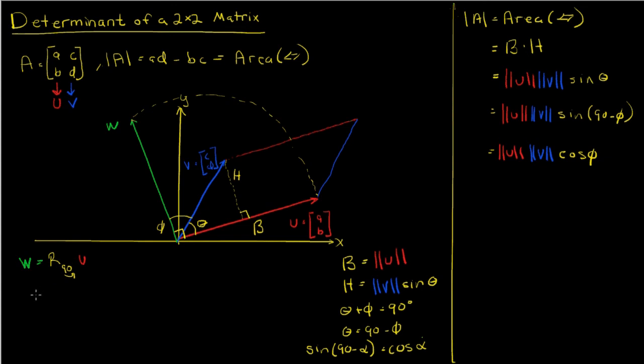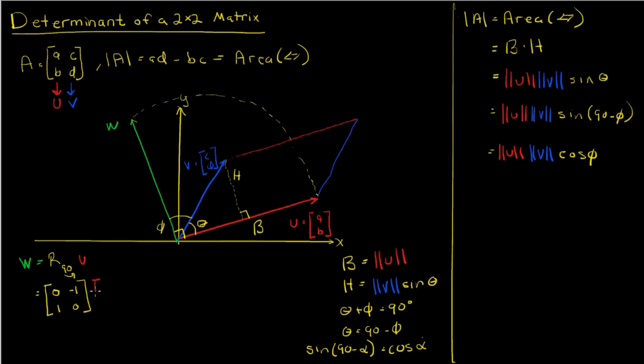Then we express the rotation as a matrix, which is equal to the matrix 0, minus 1, 1, 0. If you're familiar with rotation matrices, you can verify that this is indeed a rotation by 90 degrees in the counterclockwise direction.